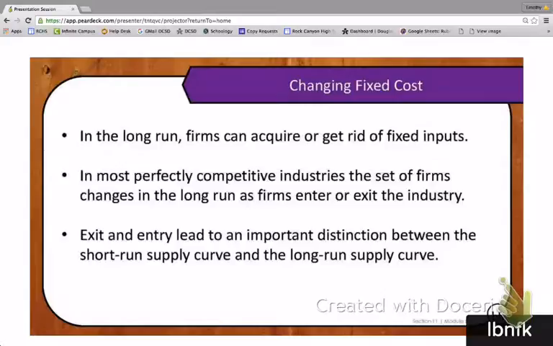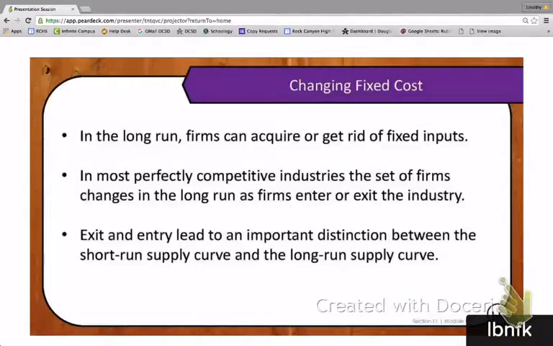Exit is different from shutting down in the short run. Exit means that all fixed inputs have been sold off in the long run, and the firm no longer exists. Shutting down in the short run means the firm still exists, but it's not operating. On the other hand, if the price was consistently above the break-even price for a while, eventually new firms would want to enter the market.